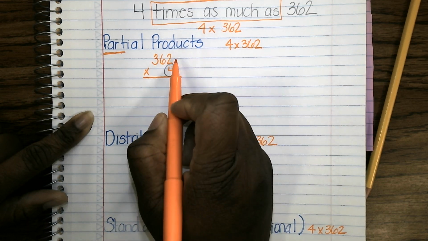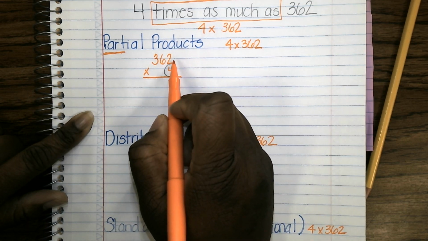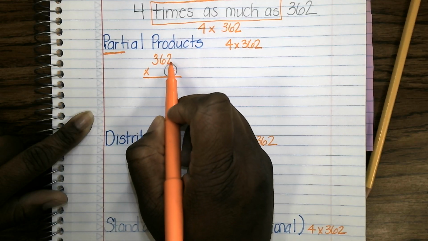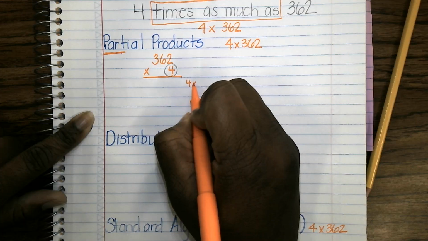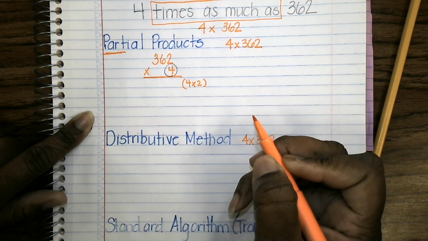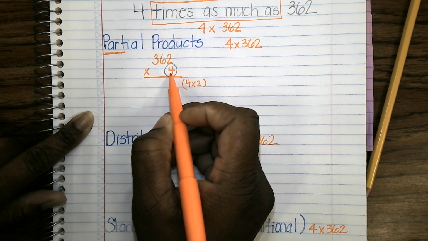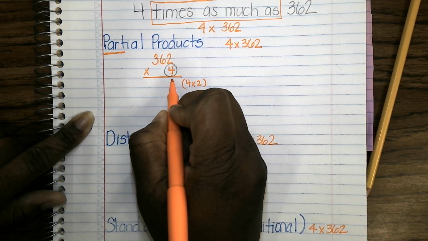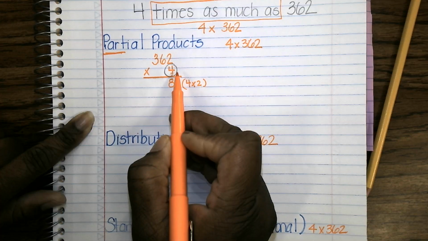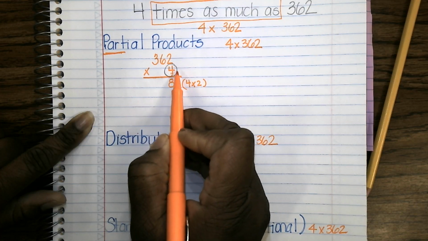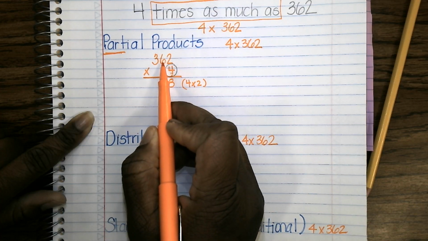But you have to consider the value of each digit based on the place it's in. So we start from the right, the lowest place value, which is the ones place, so that would be 4 times the 2. I'm going to put these in parentheses outside of that. Then we find the product. 4 times 2 is 8, and we record it right there. On the next line, we take our multiplier and multiply it times the value of the next digit.